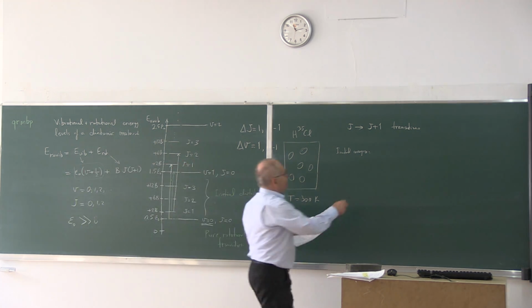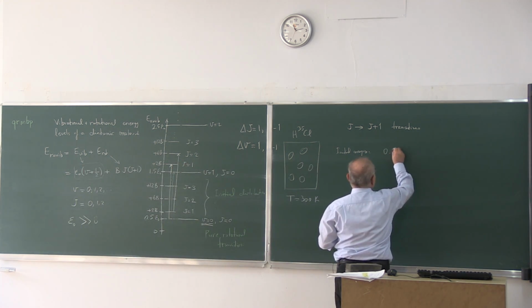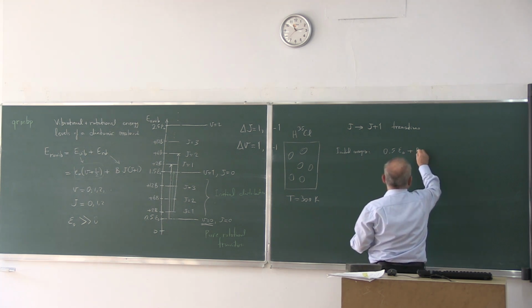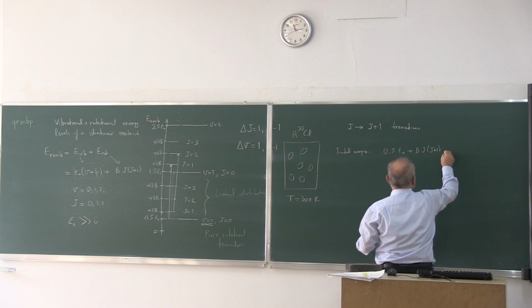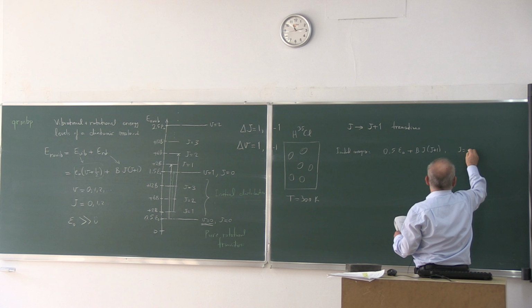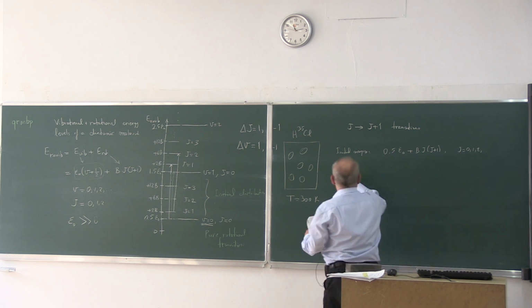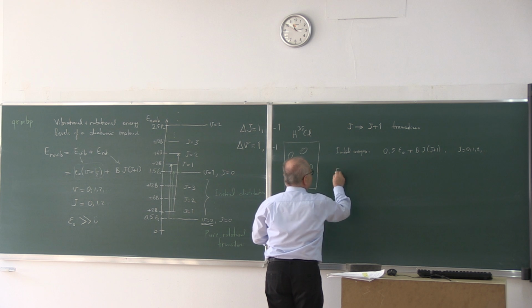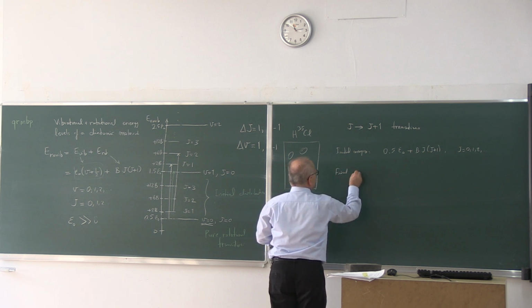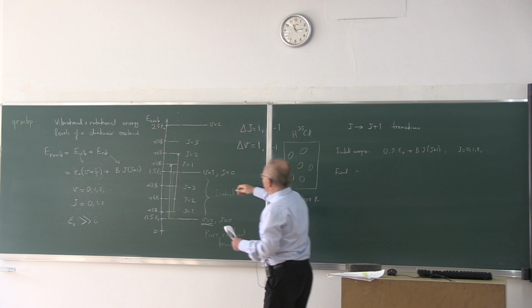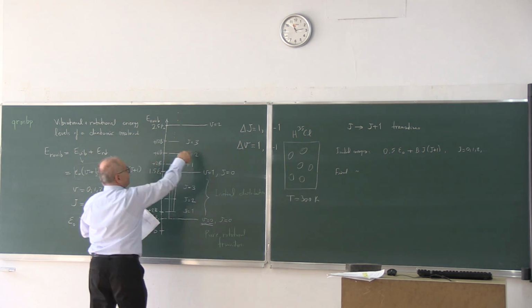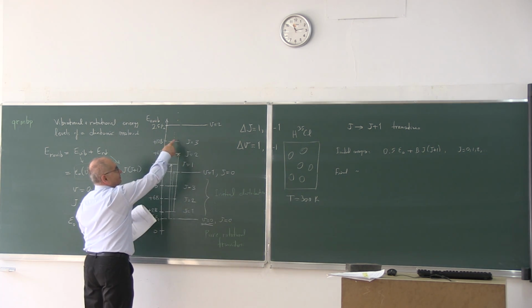Initial energies are 0.5 F0 plus B times J times J plus 1, where J is 0, 1, 2, etc. Final energies are these energies.